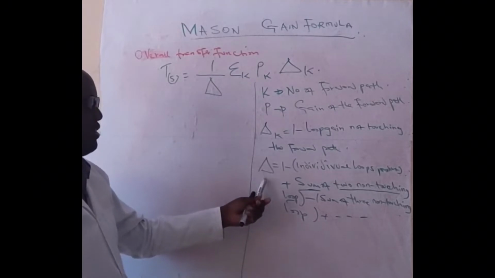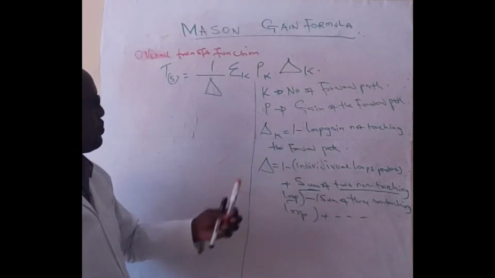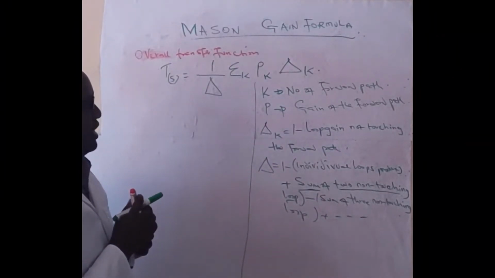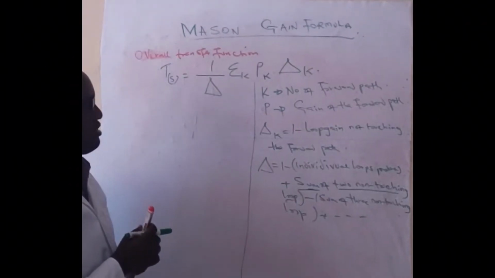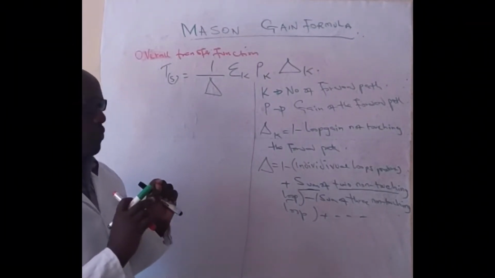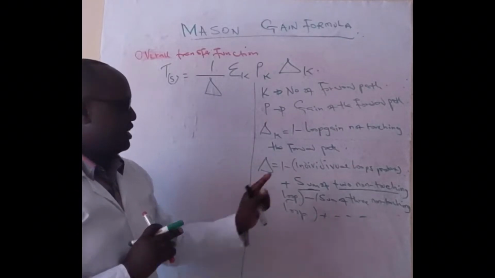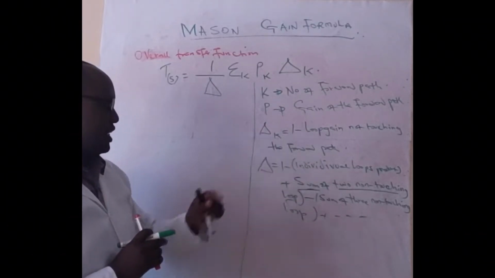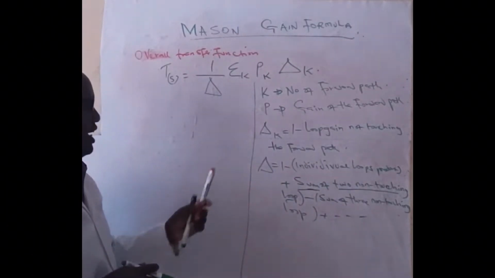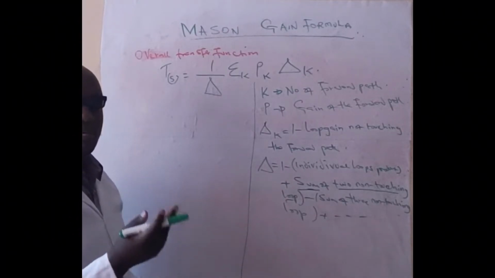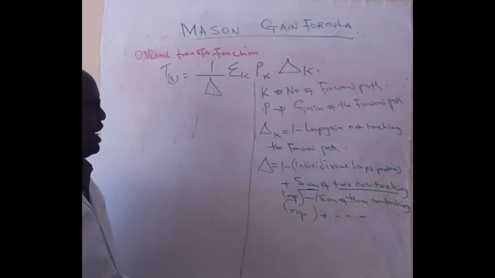So this one will give us the overall. This one will give us only the loop gains of the part which is not touching the forward path, and then P will give us the forward path gains, and then K is the number of the forward paths.